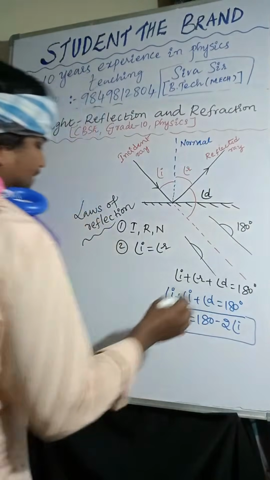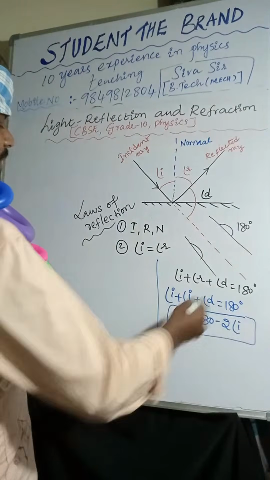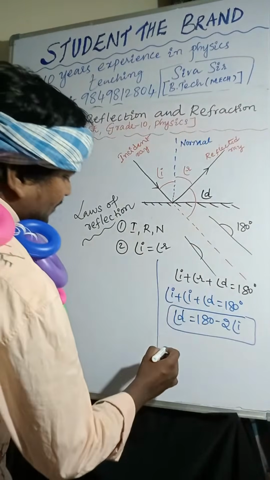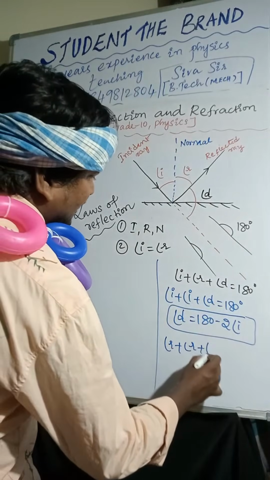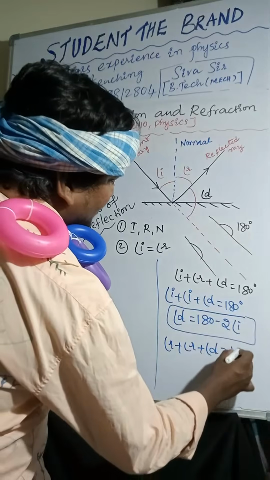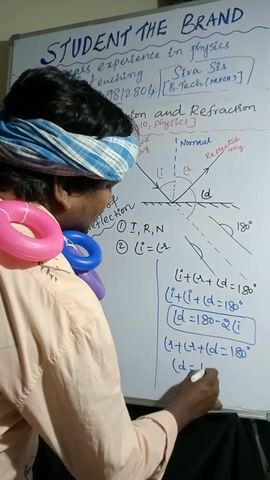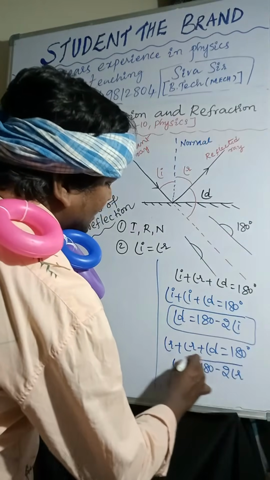In the place of angle of incidence, I am substituting angle of reflection: angle of reflection plus angle of reflection plus angle of deviation equals 180 degrees. So angle of deviation equals 180 minus 2 angle of reflection.